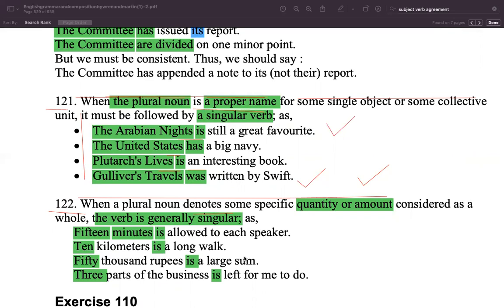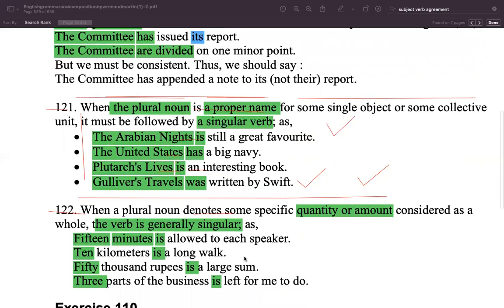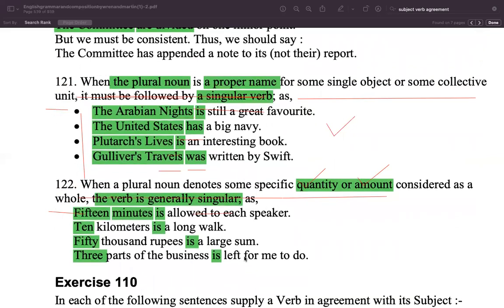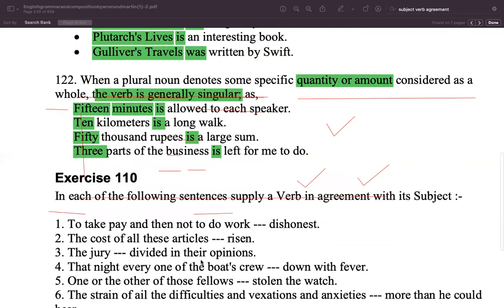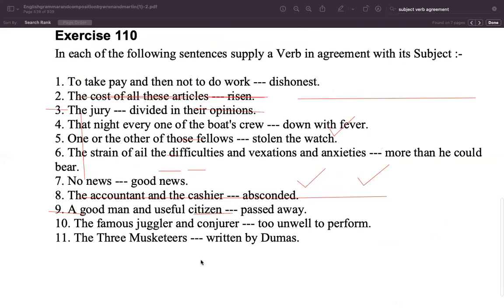So that's why the verb will be singular for a particular quantity or amount. In both cases, it is justifiable, right? But at the same time, if you get into confusion, please go with the plurality. That is what is appropriate. Am I clear so far?